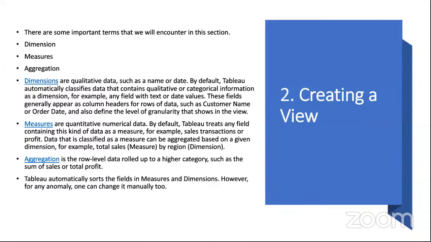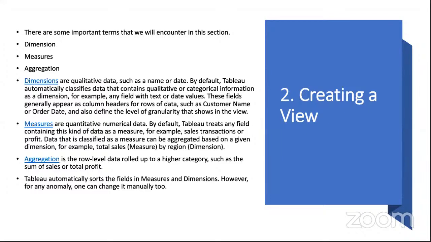Now the third thing is that after being connected with a database, you will see three things in a Tableau database: dimensions, measures, and aggregation. What are dimensions? Dimensions are normally the text values, for example, the customer name and the order date, and these are also referred to as rows. And what are measures? Measures are normally the quantitative data, like your sales and so on.